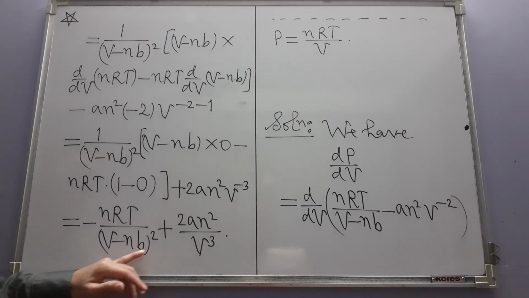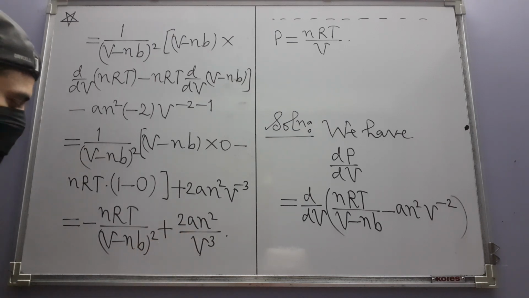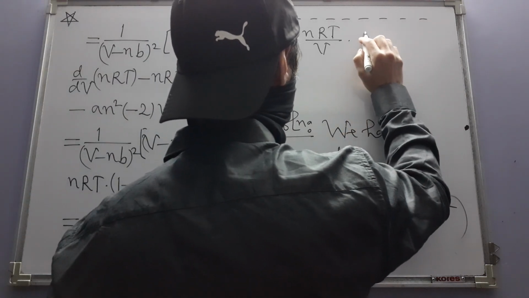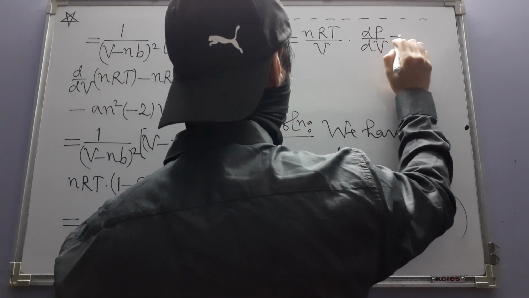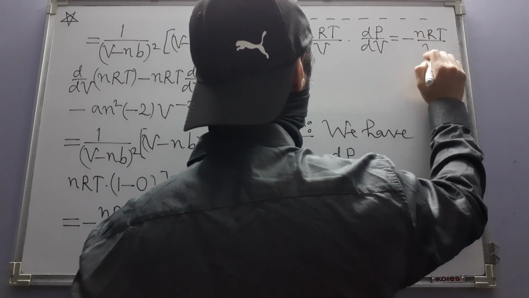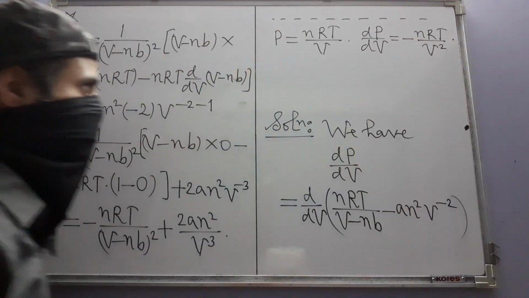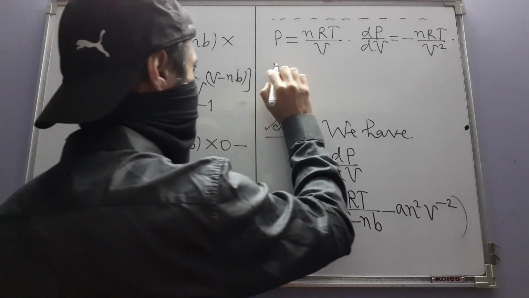And here you can just substitute a equal to b equal to 0. Doing that, you get minus nRT divided by V square. Okay, so that's a special case.